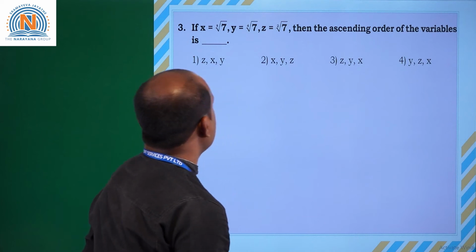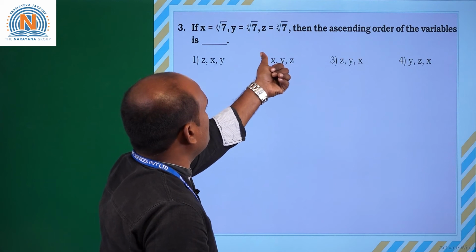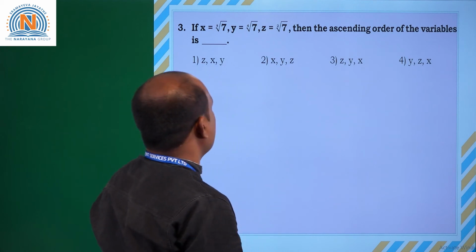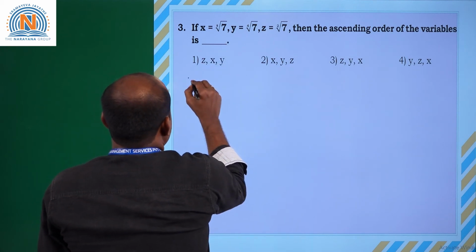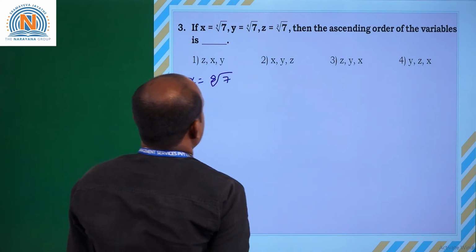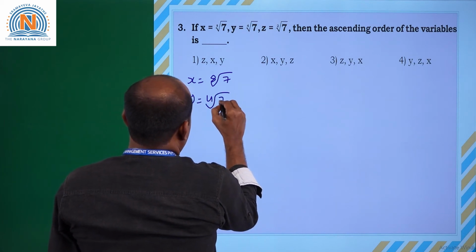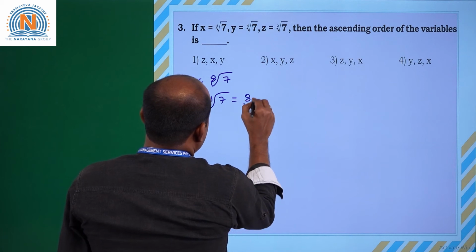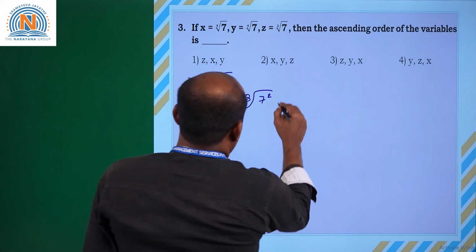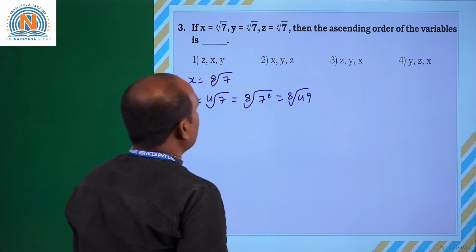Next one, if x is equal to 8th root of 7, y is equal to 4th root of 7 and z is equal to square root of 7, then the ascending order of the variables is? So x is equal to 8th root of 7. y is equal to 4th root of 7, this can be written as 8th root of 7 square, that is 8th root of 49.